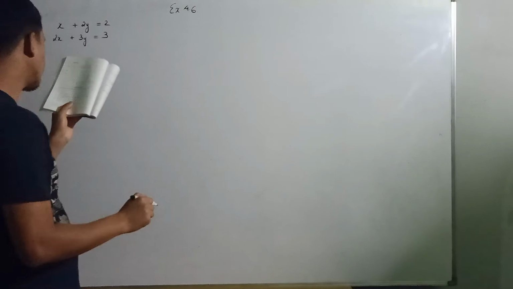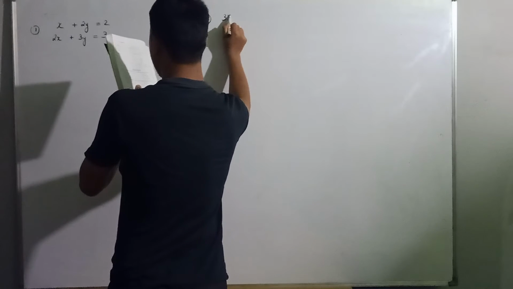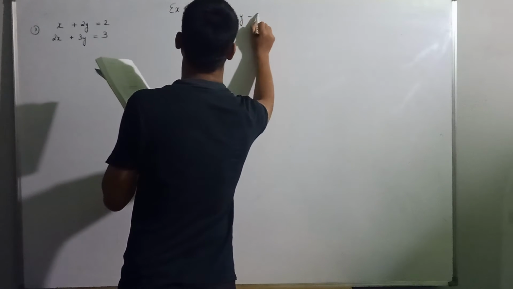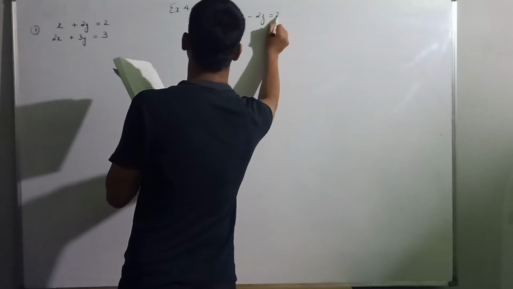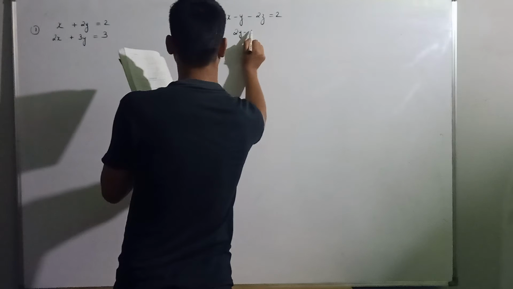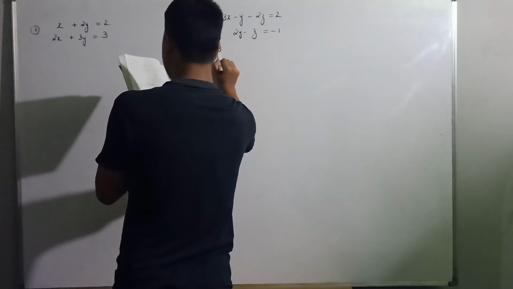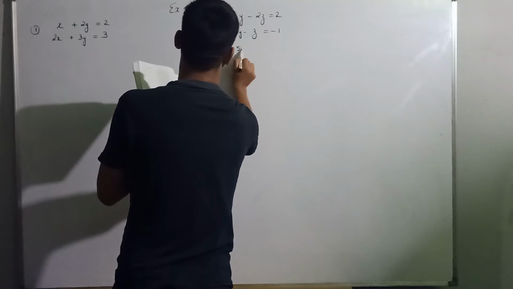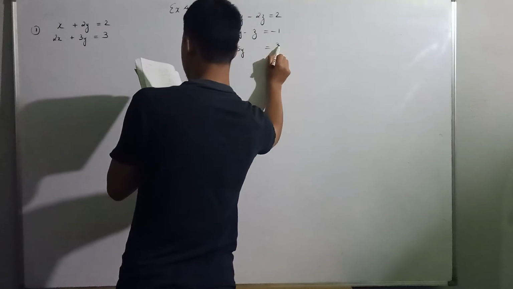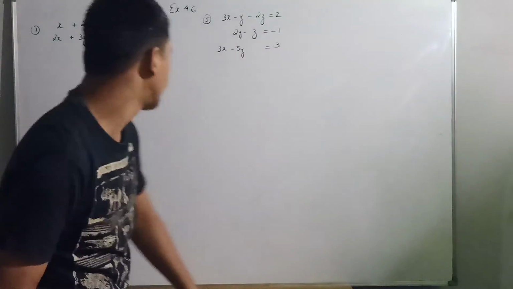And then number 5: 3x minus y minus 2z is equal to 2, 2y minus z is equal to minus 1, 3x minus 5y is equal to 3. I think it's correct now.